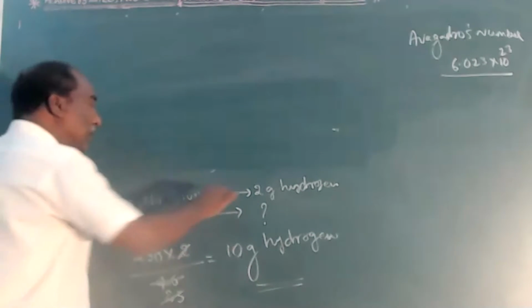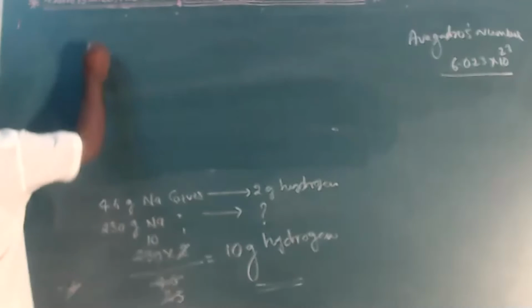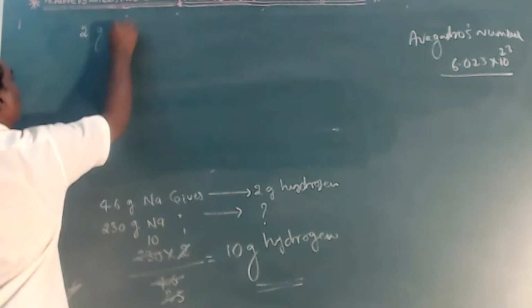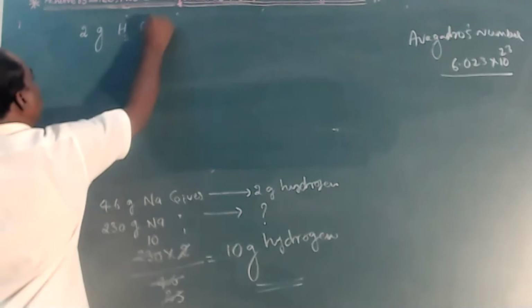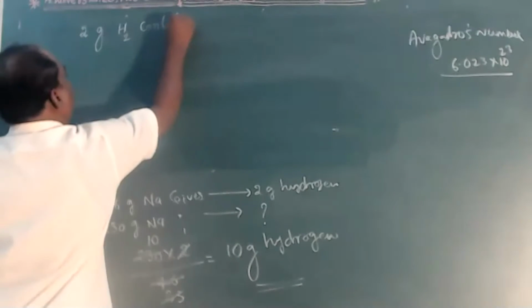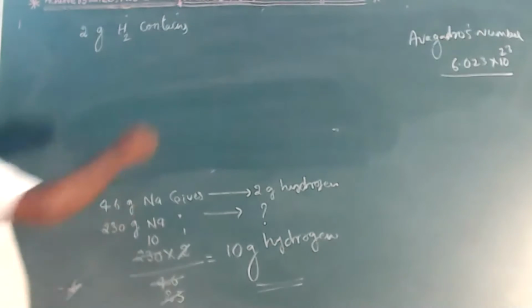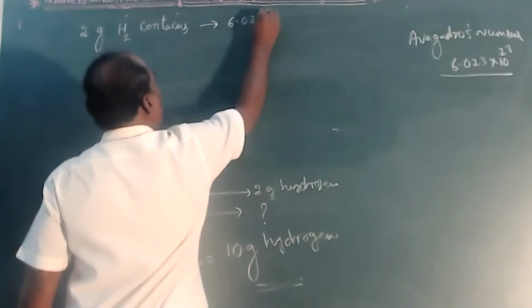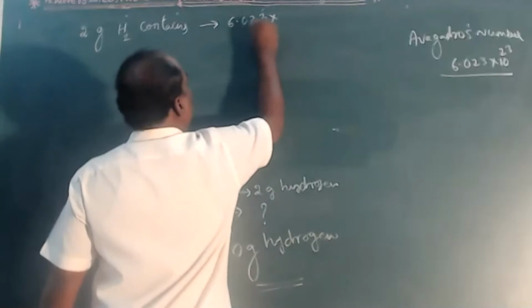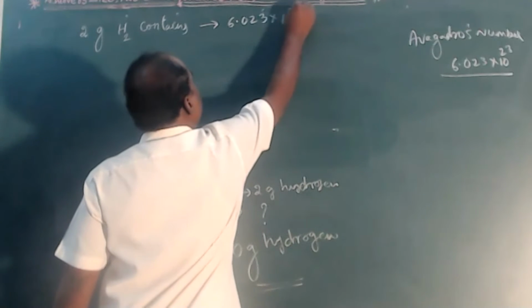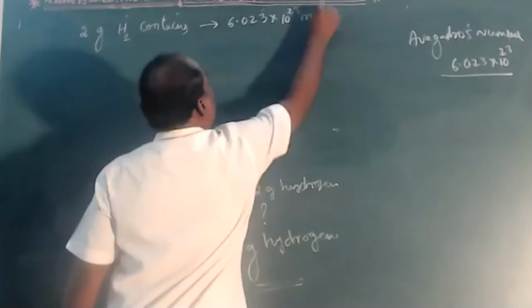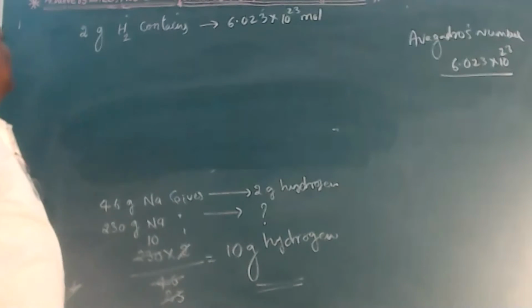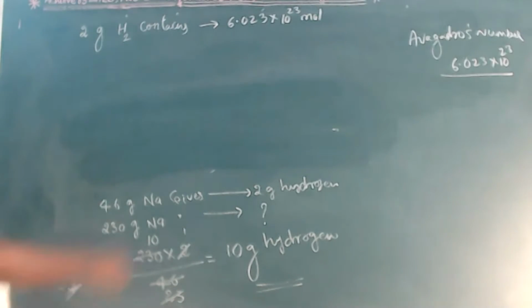In the same way, 2 grams of hydrogen contains 6.023 into 10 to the power of 23 molecules.